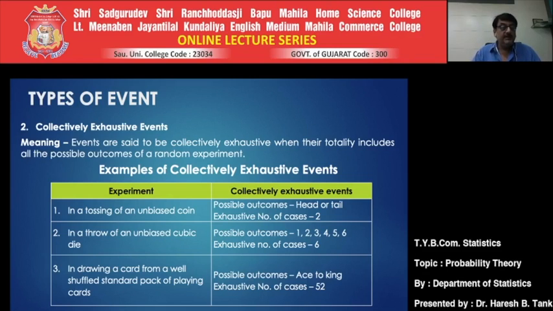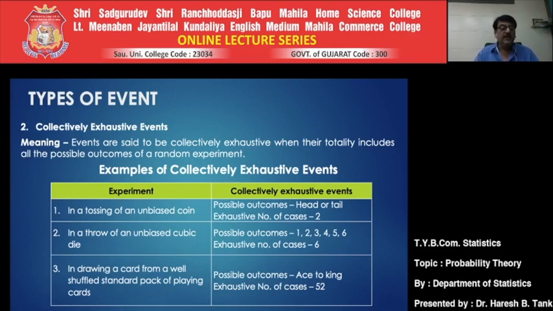In a tossing of an unbiased coin, possible outcomes are head or tail. So exhaustive number of cases are 2. Total number of possible outcomes are 2, head or tail. That totality, in the sense all 2 possible outcomes, they are called exhaustive.